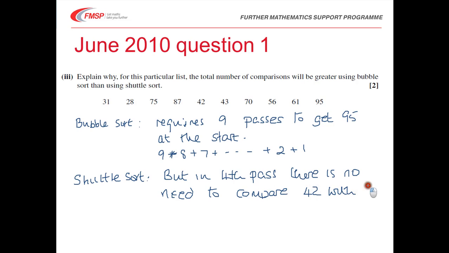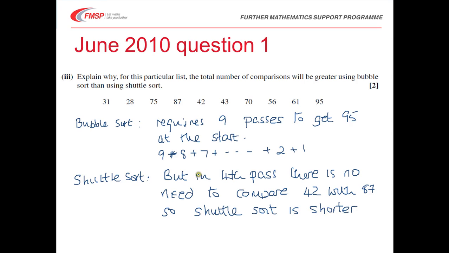So there are occasions when you don't need to do every comparison. So the shuttle sort is shorter. If you've left comparisons to do, then it will be shorter.